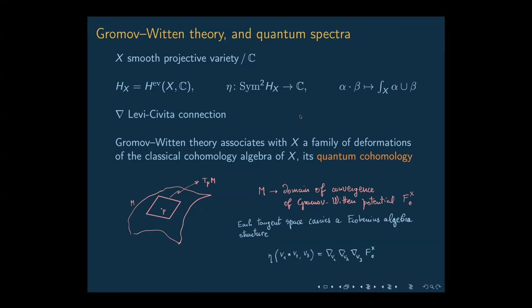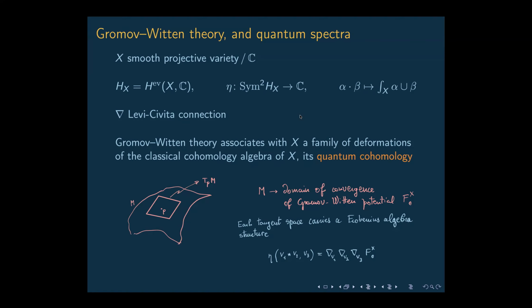Well, it turns out that such an M is then a complex domain in some space C^n. And it turns out that each holomorphic tangent space at points of this domain is equipped with a Frobenius algebra structure.